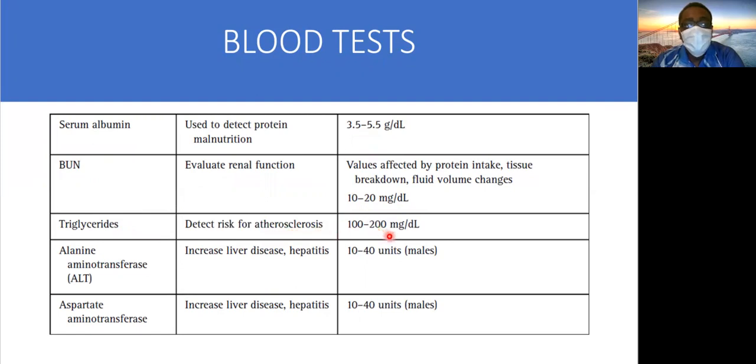We don't want them to be above 200 milligrams per DL. We talked about our ALT and AST, both of which are used to detect changes in the liver, in hepatitis, and we said their values are between 10 to 40 units.